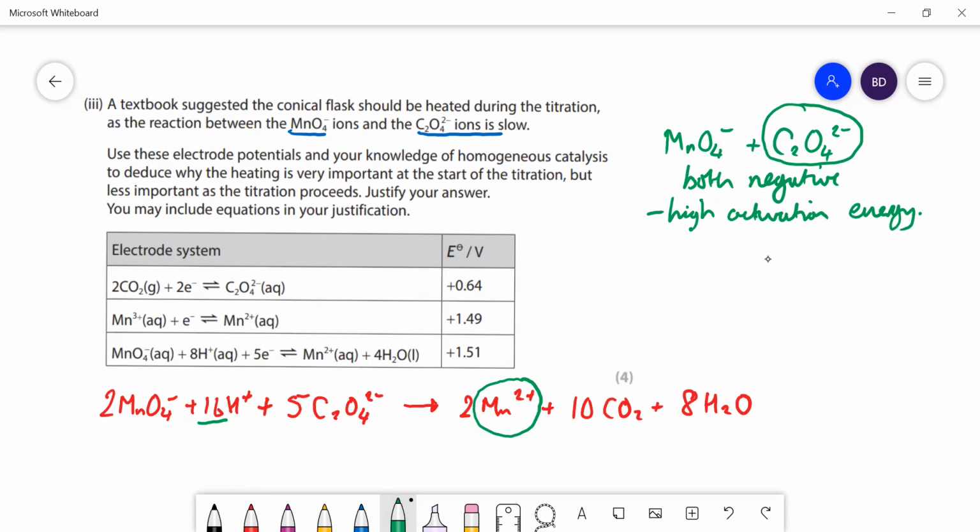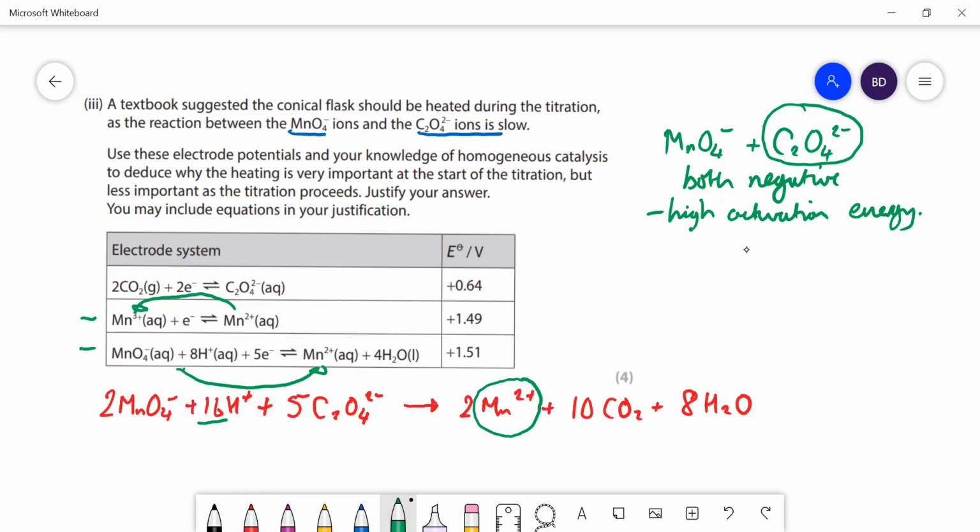So if you look at the electrode potential values, we've got to explain why the Mn2 plus acts as an autocatalyst. So let's first of all look at these 2 half equations here. The manganate is the most positive, so that's going to go forwards and it's going to oxidize Mn2 plus to Mn3 plus. Okay, so the manganate is going to oxidize Mn2 plus to Mn3 plus.